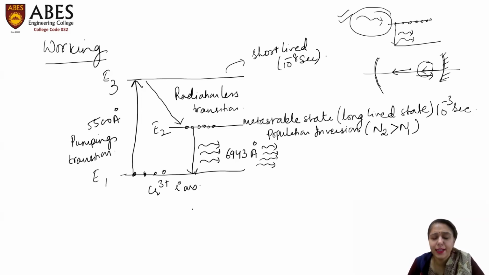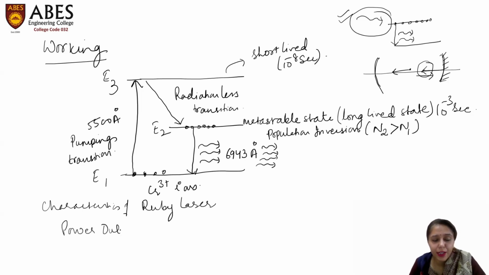The only problem in this case is that this laser heats up very quickly. So we need some arrangement to quickly lower its temperature for proper functioning. If we talk about the characteristics of the ruby laser, its power output, these are standard specifications, is 10 raised to the power 4 to 10 raised to the power 6 watt.